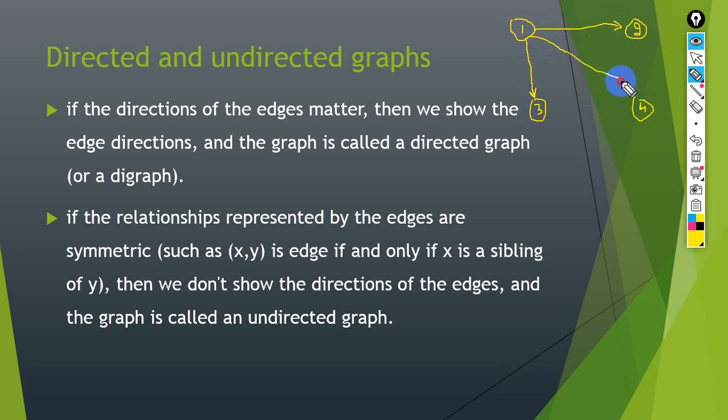From node 1 we have also an edge to node 4, and from 2 we have an edge to 3, and from 3 we have an edge to 4. So you can draw the edges from any one of the nodes to any other nodes.